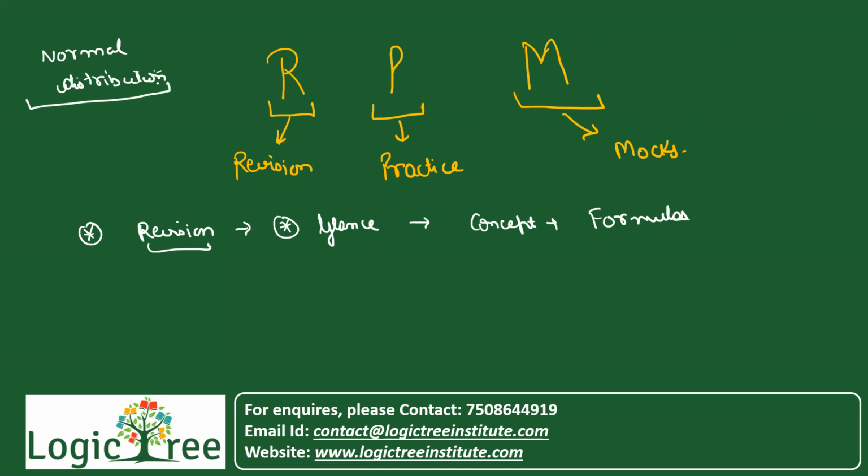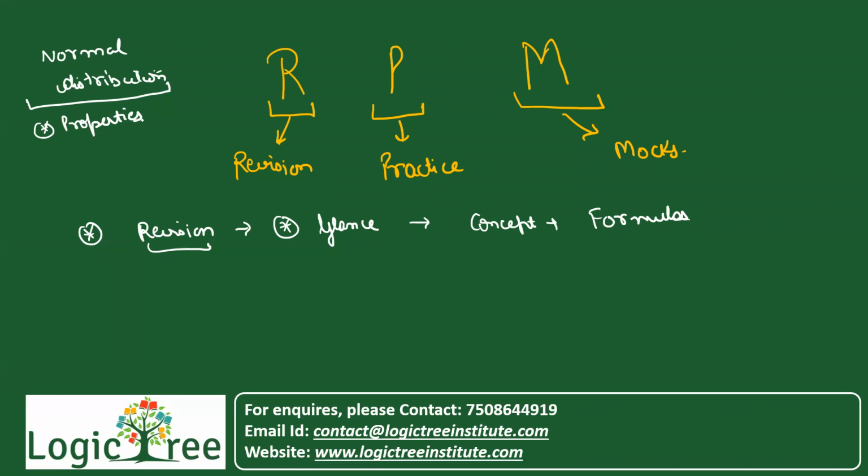If I have to revise normal distribution from my books, how will I do it? I will not be reading it word by word or sentence by sentence. What will I focus on? The first thing is the properties of the normal distribution. The value of x varies from minus infinity to plus infinity, and it is symmetrical in nature.